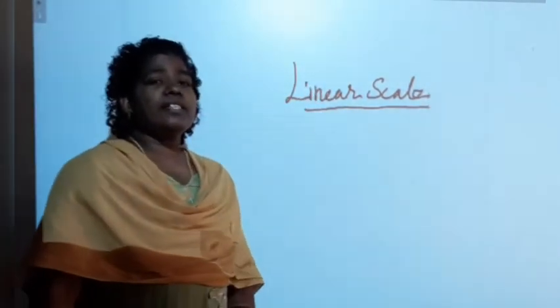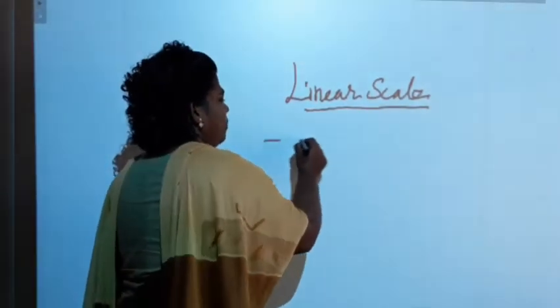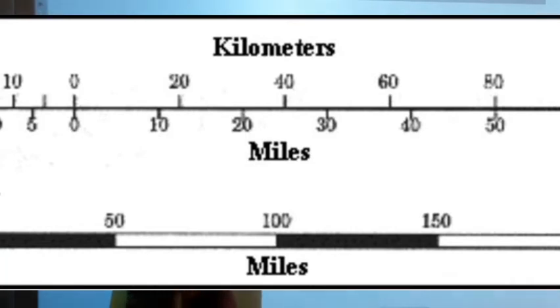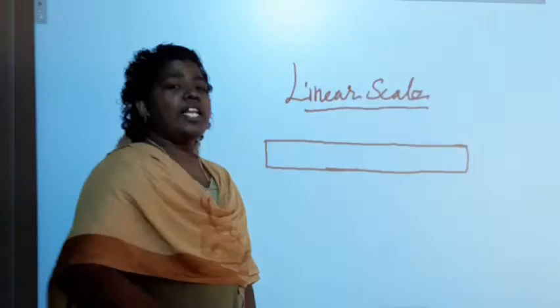The second scale you are going to see is the linear scale. In linear scale, it will be drawn in a straight line. How is the linear scale drawn? It will be drawn in a straight line, and this will be divided into centimeters.